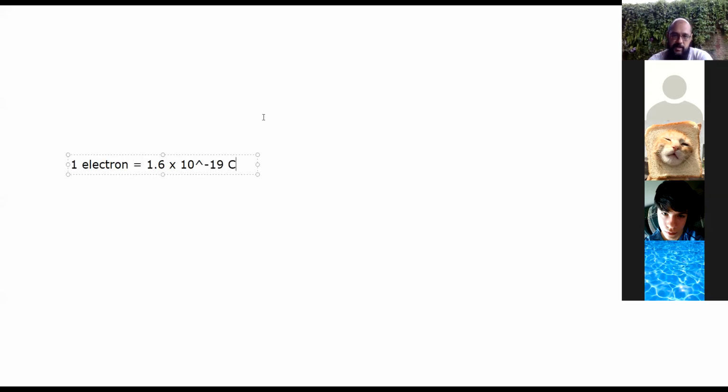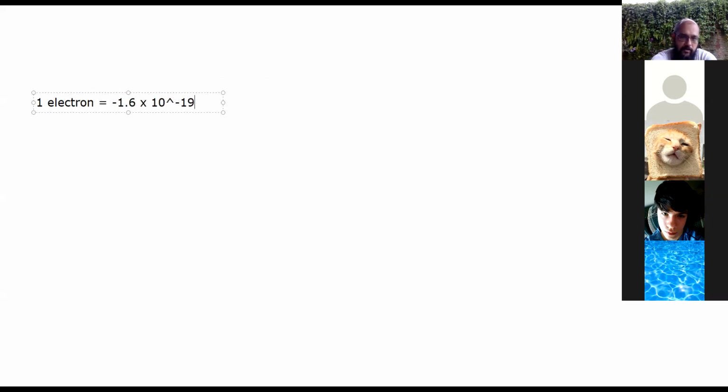This is the set quantity that you have for an electron. Why didn't that come up as a negative? Negative 1.6 times 10 to the negative 19 coulombs of charge. So that's one value that we need to remember.